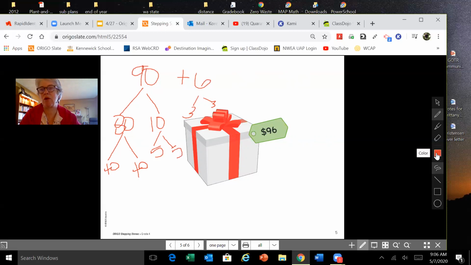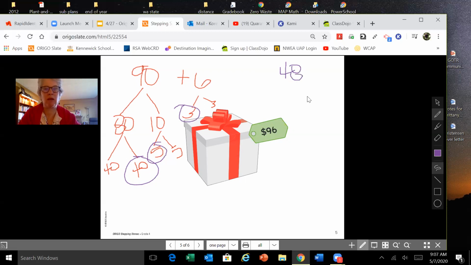Let me do another color here to kind of show that. I will try it with purple. I'm going to basically pull half of the numbers. I'm going to get a 40, a 5, and a 3, and I'll add those up. And 40 plus 5 plus 3 equals 48.